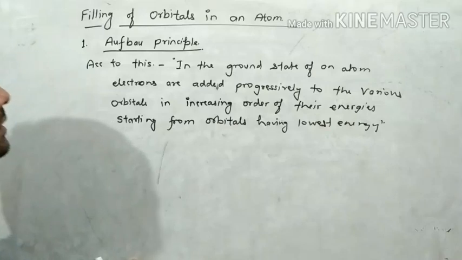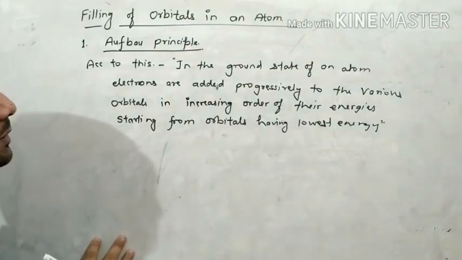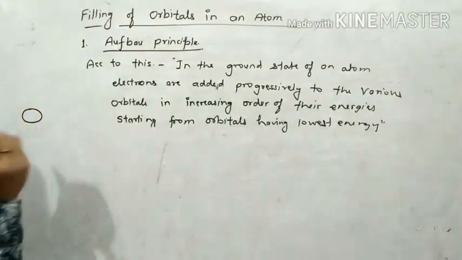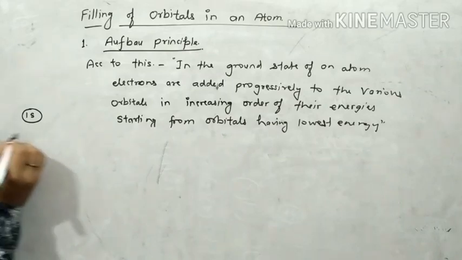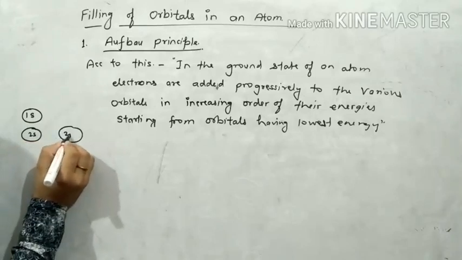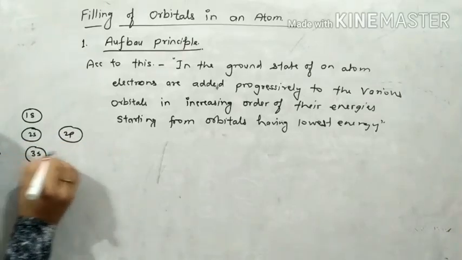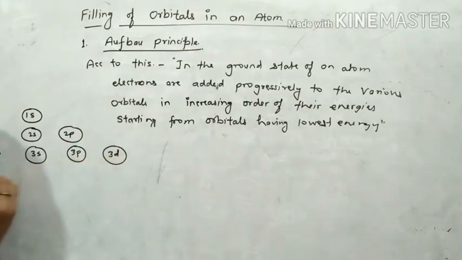For this, Aufbau summarized all these principles by a pictorial diagram. n equal to 1 has one subshell, that is 1s. n equal to 2 has two subshells, 2s and 2p. n equal to 3 has three subshells, 3s, 3p and 3d.